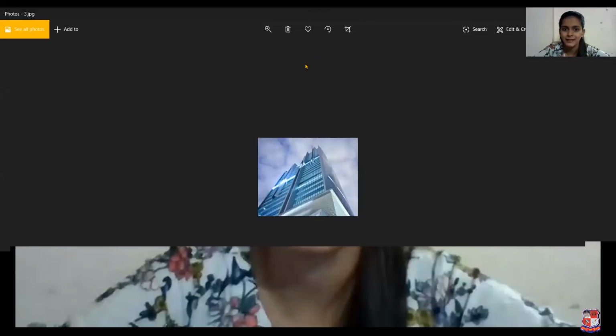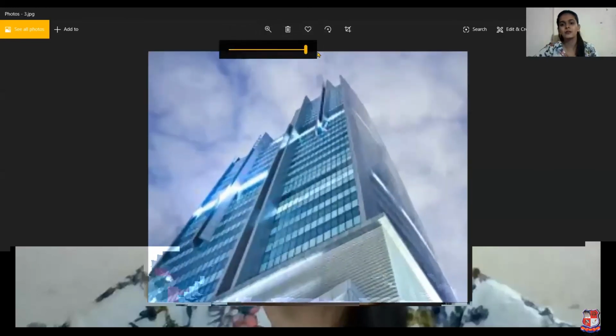Now consider that same corner and look above like this. If you are looking at any high-rise building or a skyscraper from the bottom or from the ground, it will look like this.